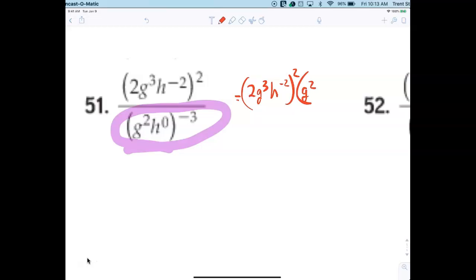Do I really have to write h to the 0? No, it's just 1, right? So we're going to just leave that and do 3 here. All right, so now start with this one. If you wanted to, we could move the h to the negative 2, but we could also just do the exponent.